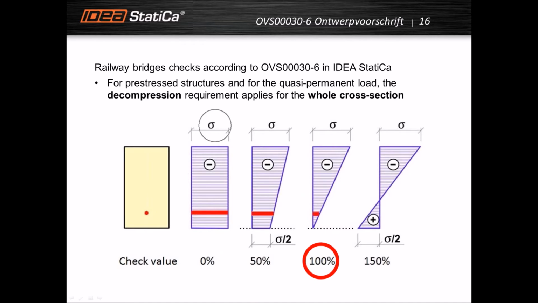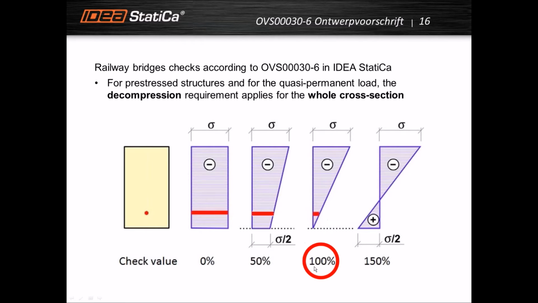In case that we have a compression stress sigma in one fiber of the cross-section, and then we have the same stress in the opposite fiber, we know that it is actually axially compressed and the utilization is 0. In case that there is some decrease of the compression, for example, if we have sigma half or 50% of this stress, then it is 50%.